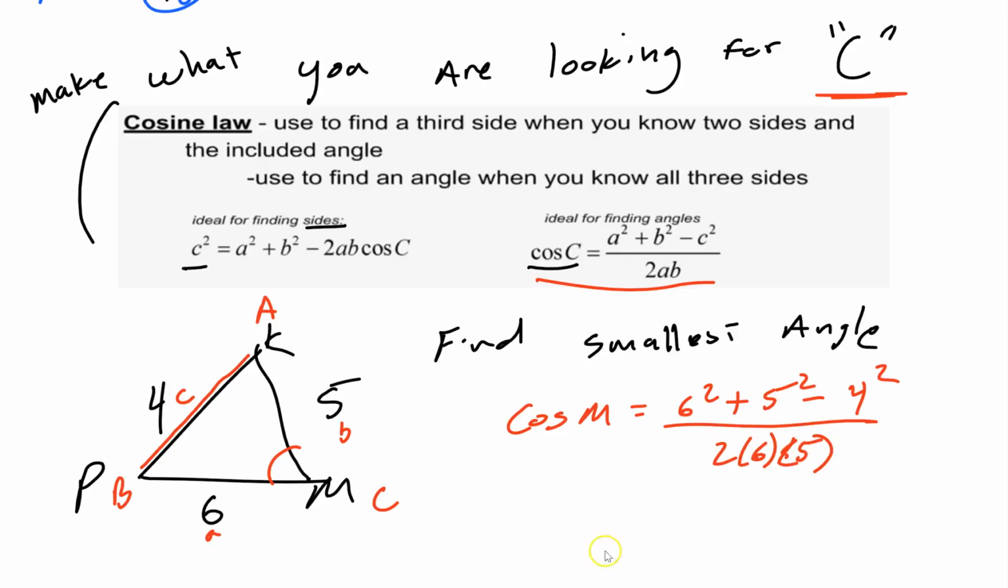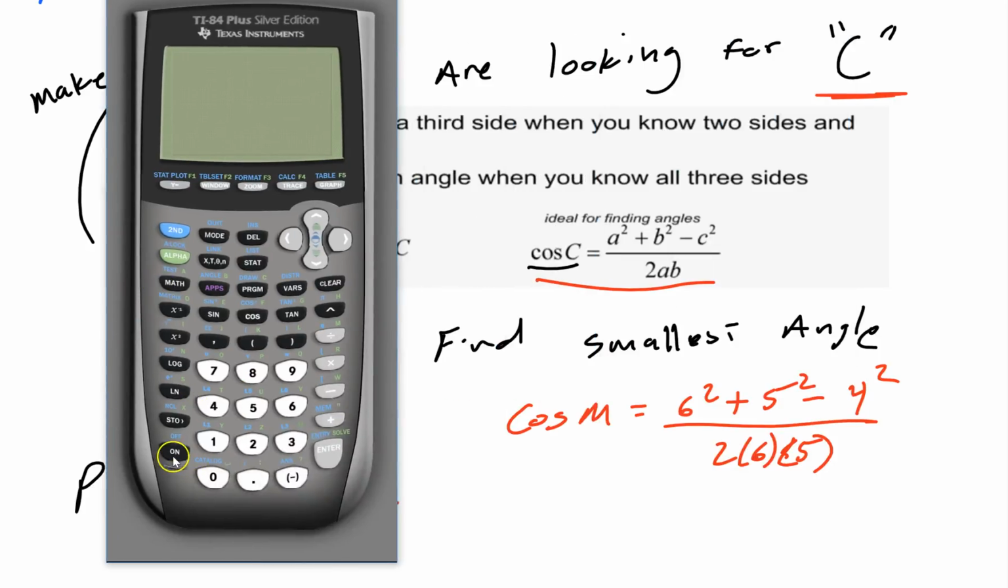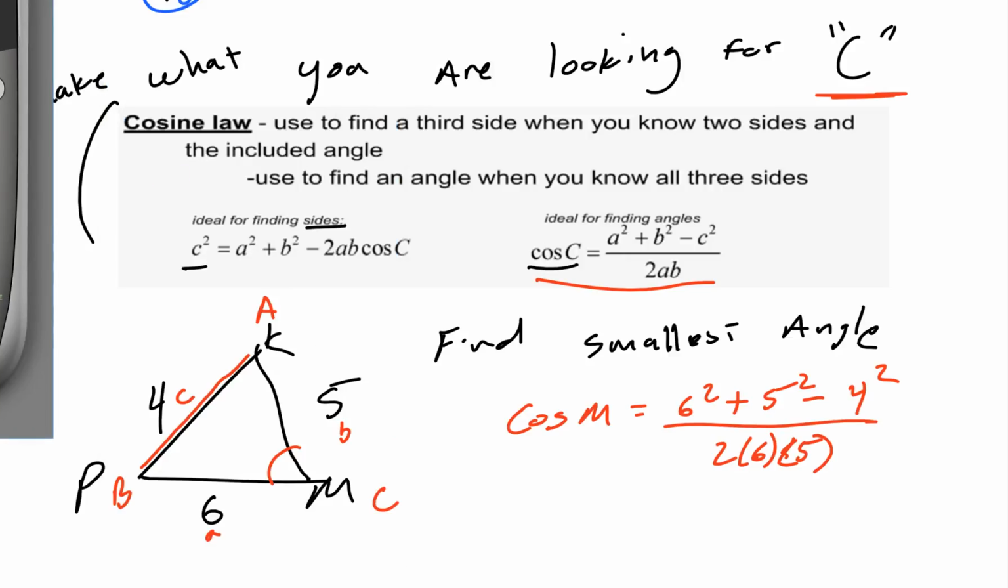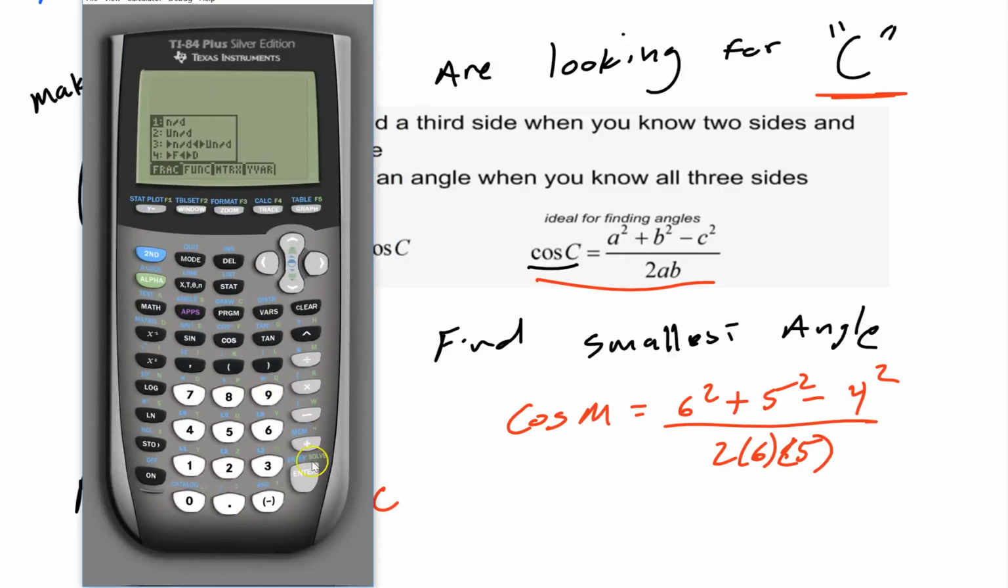Now you can put this in your calculator. I have one right here. So the way this works, again, there's a couple ways to do this. Easiest way is to just type it in: 6 squared plus 5 squared, minus 4 squared, all over 2 times 6 times 5.